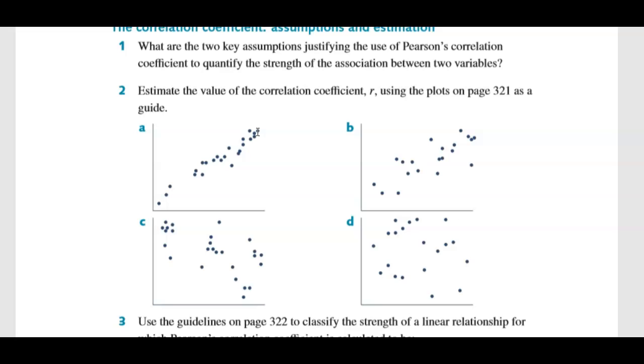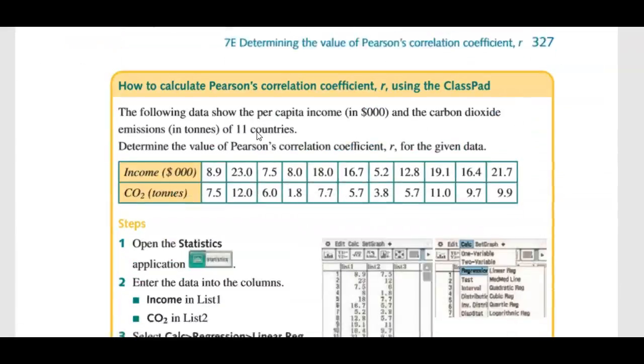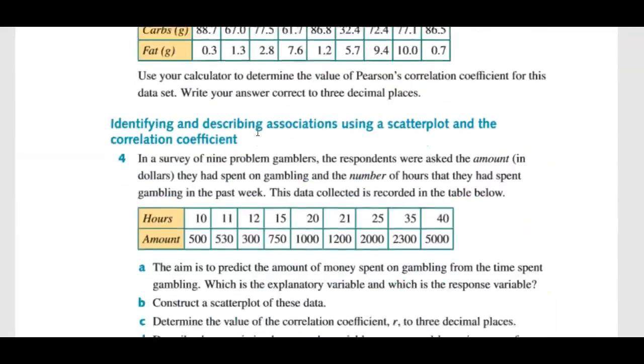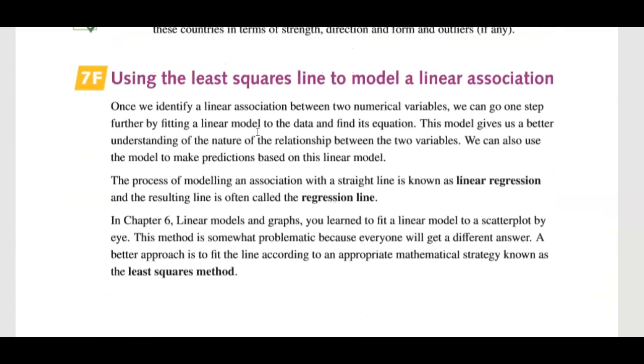People just don't wake up in the morning and say, bring it on. They say, we need to be prepared. So we use the least squares line to predict what's going to happen in the future. Okay, so let's scroll back down to 7F. That's basically what the theory is talking about.